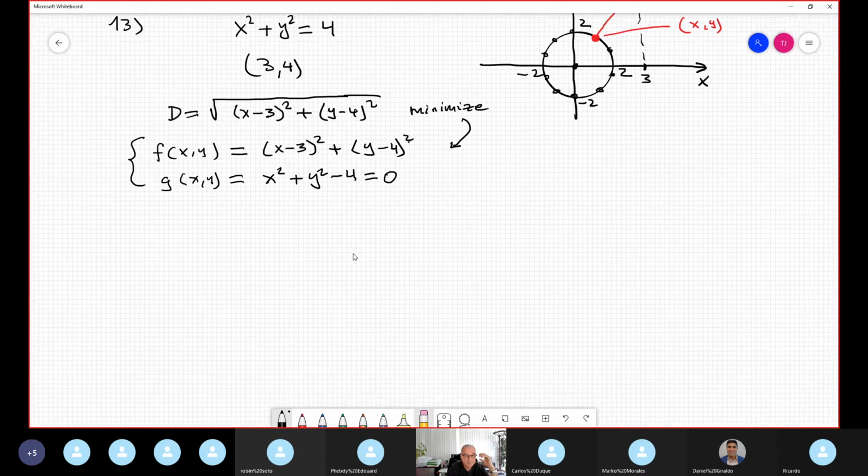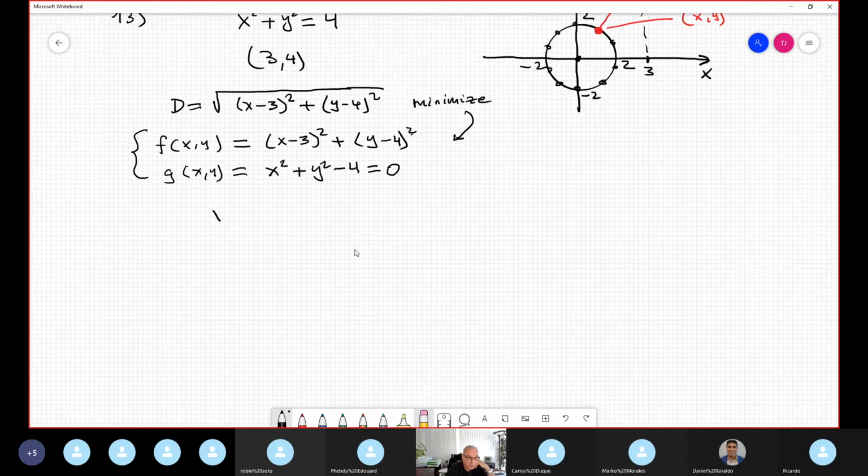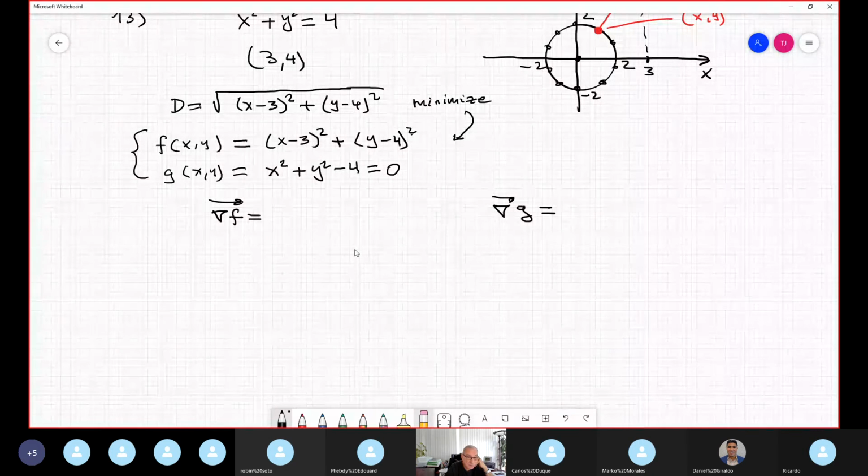I compute the gradient f and gradient g. Gradient f: differentiate with respect to x. Well, I suppose it is 2x minus 3. Yes or no?